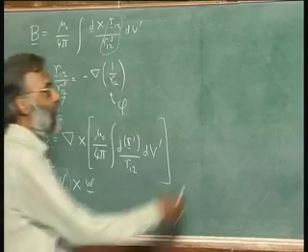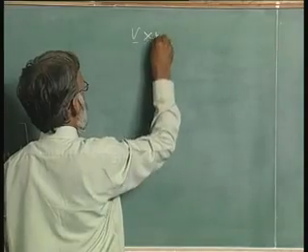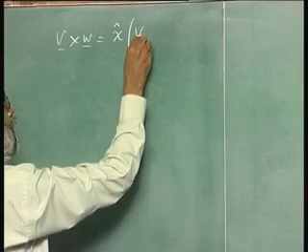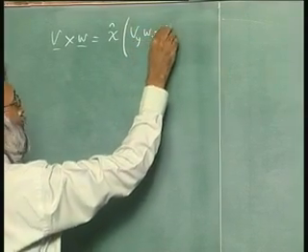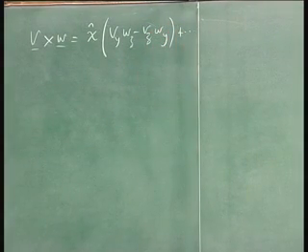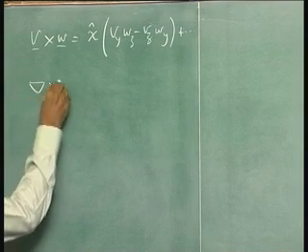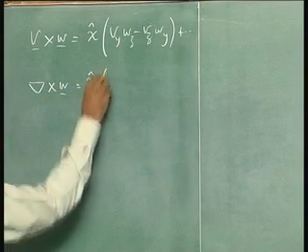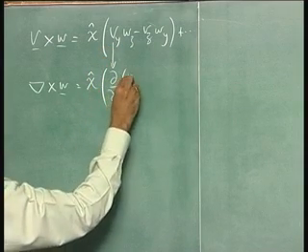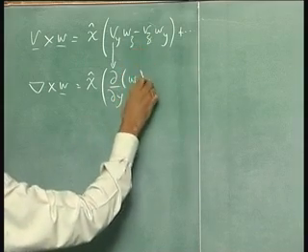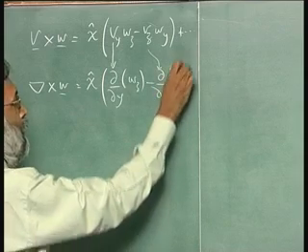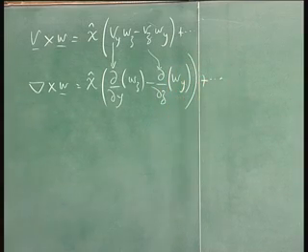So, for example, instead of saying V cross W, which would be x hat Vy Wz minus Vz Wy plus other terms, now we replace it as curl of W is x hat, this Vy becomes del del y of Wz, minus this Vz becomes del del z of Wy, plus dot dot dot.